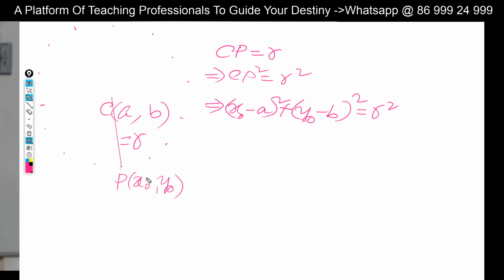This is the particular equation now. What does it mean by particular equation? This equation is limited only to this point x naught y naught, but I need such an equation which satisfies all these points that are equidistant from C. So I have many such points on the plane.